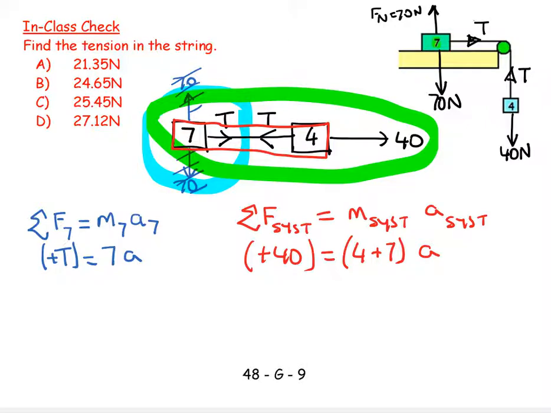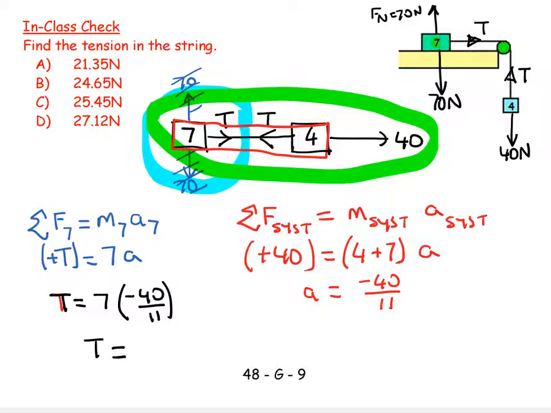Okay, so I can say that my A is going to be minus 40 over 11. Now I go back to this side and I say my tension is equal to 7 times minus 40 over 11.